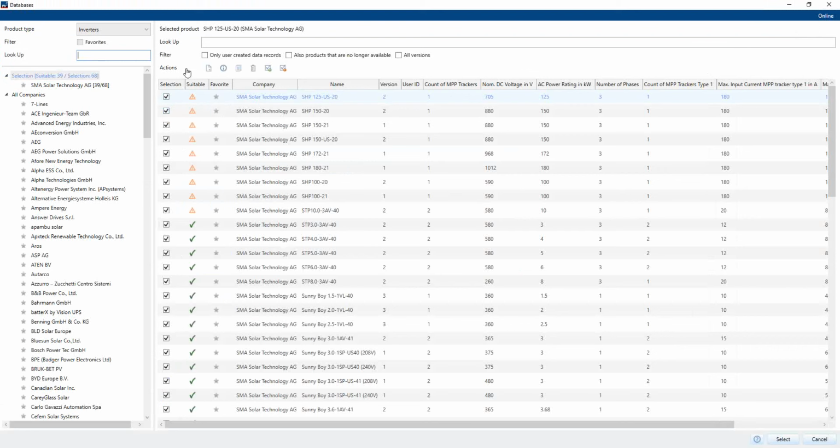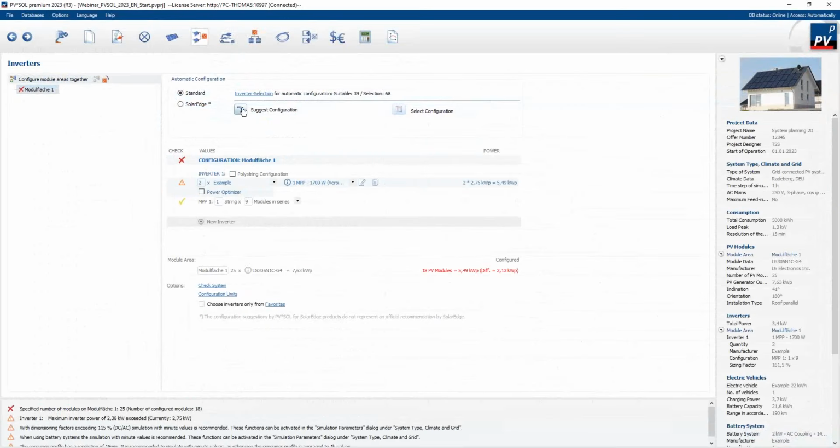There's also an action bar here on the upper side, and the 2 icons here on the upper right-hand side are available to deselect your selection or to select suitable inverter types. And if this is done, you have to confirm with select, and then you have to click here.